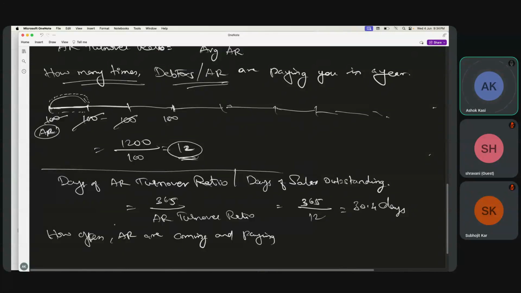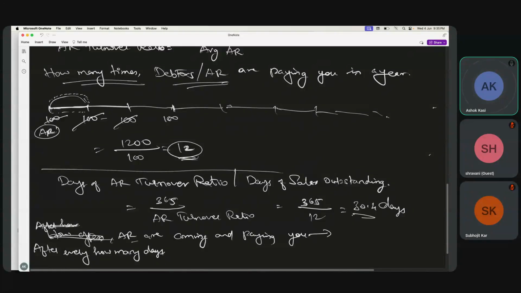Not how often, but after how many days? After every how many days account receivables are coming and paying you.